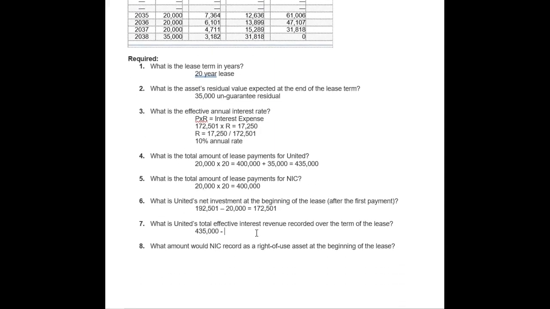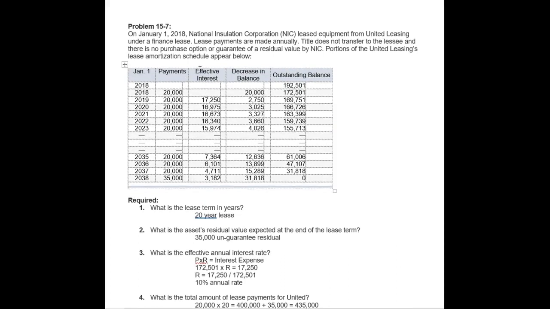So if you take that minus the $192,501, that would tell you that we expect to have interest revenue here of $242,499. So even though we don't have the full amortization chart here, all you have to do to find your total interest, you know what the loan, so to speak, starts at, the lease receivable or lease payable.